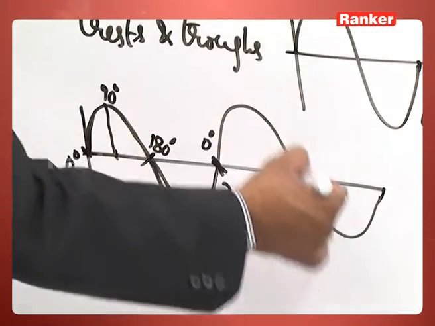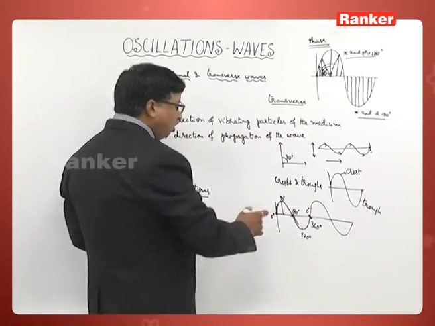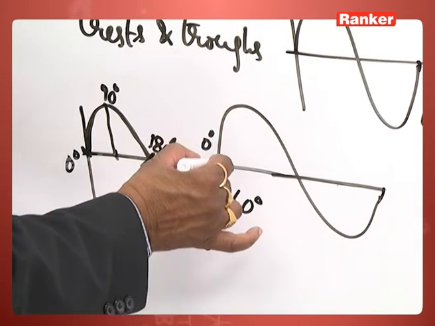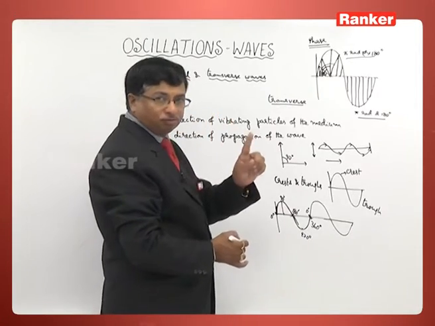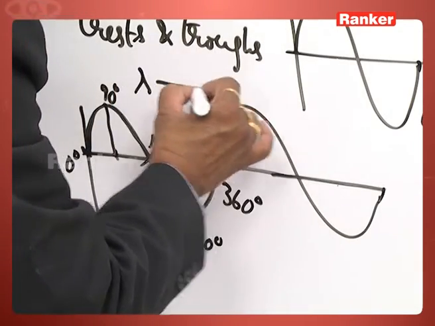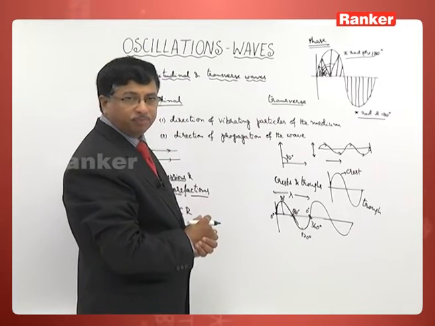This is the beginning of the second wave and the ending of the first wave. Therefore, when I consider the beginning of the second wave, this point and this point both have 0 degrees phase. Therefore, the distance gap between these 2 points we call the wavelength, lambda.